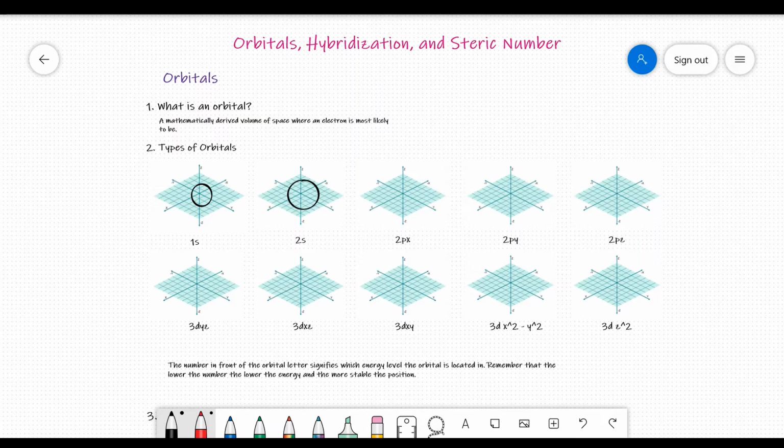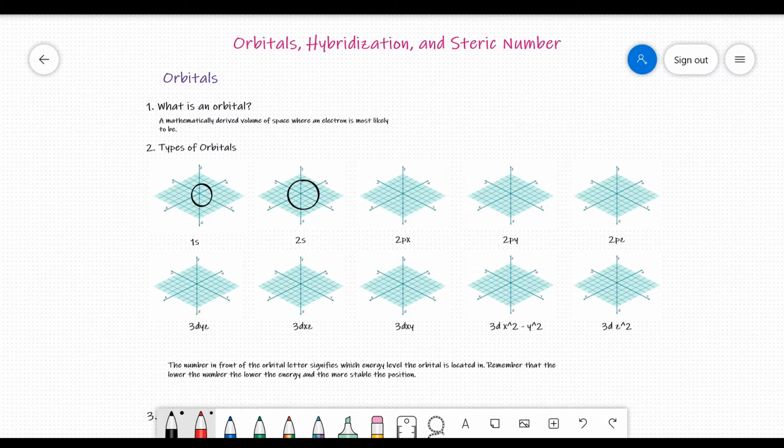Now, the one thing you want to notice is that the 1s is significantly smaller than the 2s. This is important. We know that as we go down the periodic table, the atomic size increases because the energy shells increase. Therefore, the s orbitals are also going to be increasing as we go down the periodic table.